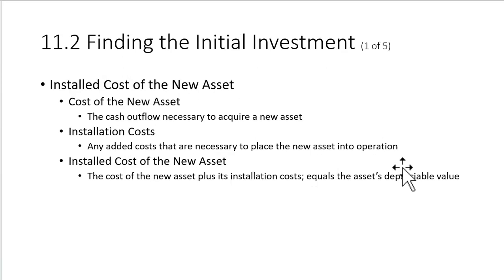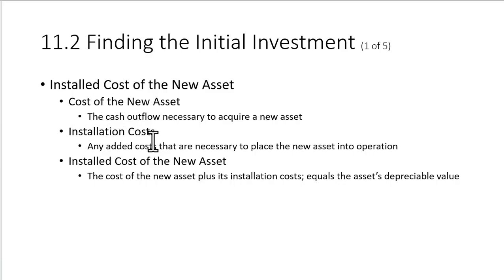So let's again think about our costs that we're going to forecast. The first thing we want to talk about are the initial investments. There are two primary things we have to think about first. One, what does it cost to install this new asset? And I've used that word very carefully. The actual cost of the new project is the cost itself, the actual cost of the new asset.